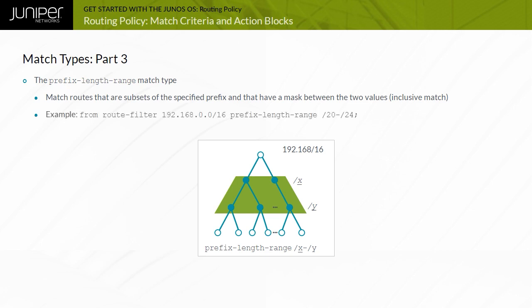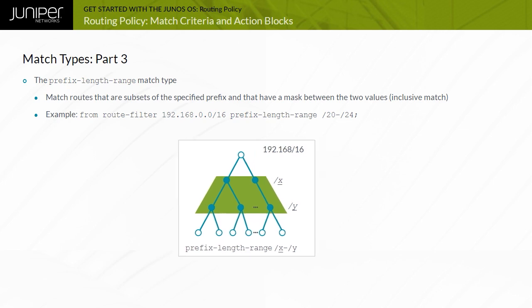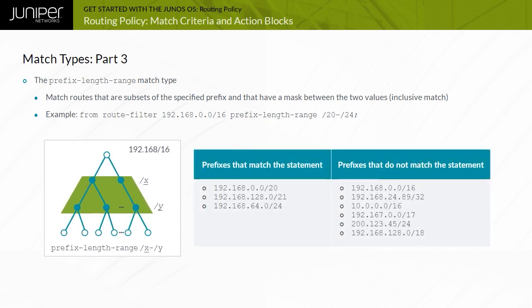Thus, using the example, all routes that are subsets of 192.168.0.0/16 and that have prefix lengths between /20 and /24 inclusive match. The prefixes that match and those that do not match the statement are listed here.